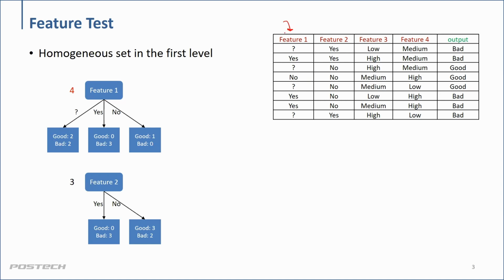I guess feature 1 is pretty good, but let's try feature 2 as well. For feature 2, we have yes and no. Yes gives bad, bad, bad. And we have no's: good, good, good, bad, and like that. Now you can guess what it is.